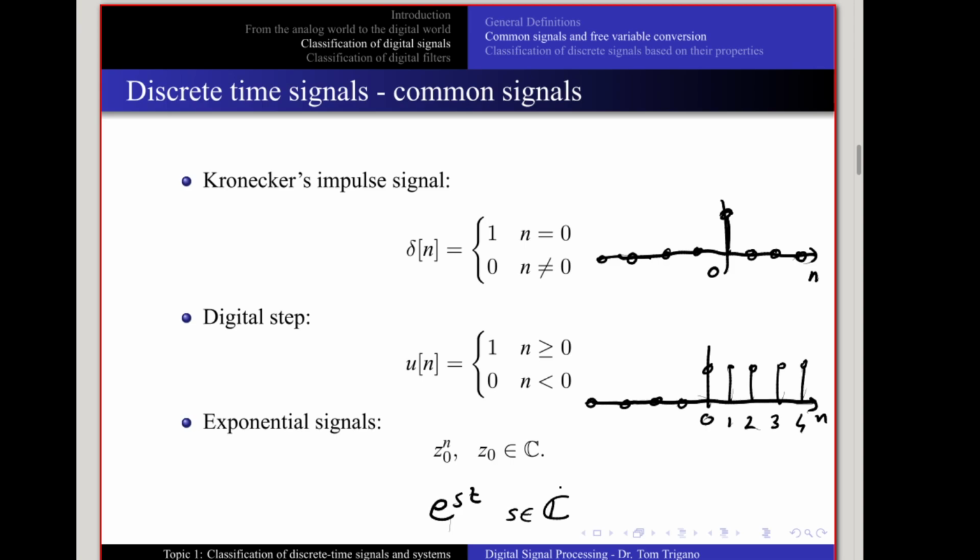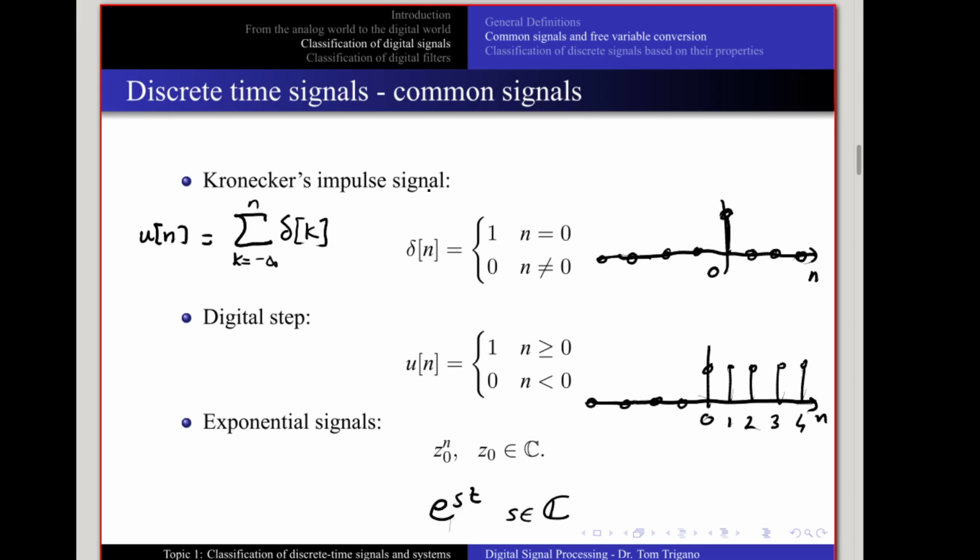Recalling the properties of analog signals, remember that the step function is in fact the integral of the Dirac delta function. A similar property also exists for digital signals, in the sense that the step function can be written as the accumulation of the values of Kronecker's signal. This is pretty straightforward.